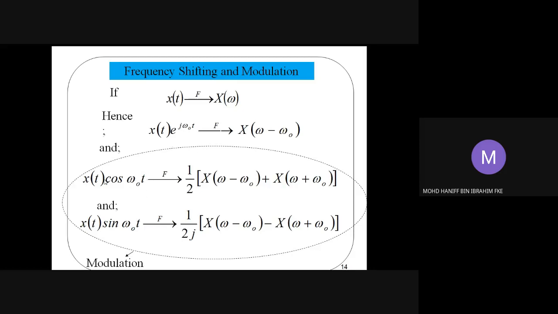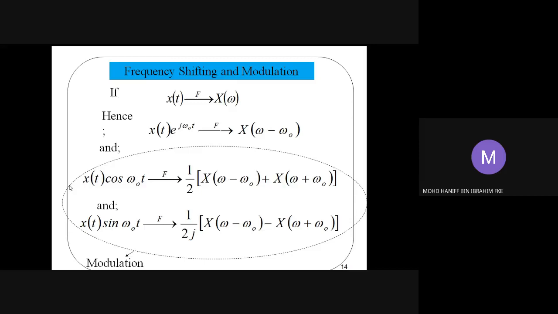By that, we get that if any x(t) function is multiplied with cosine omega naught t, its Fourier transform is simply half of X(omega minus omega naught) plus X(omega plus omega naught), in which the original Fourier transform of x(t) is X(omega).